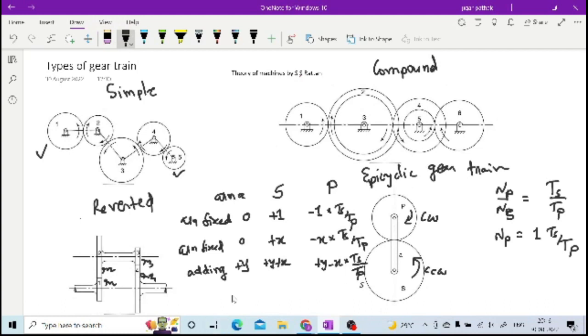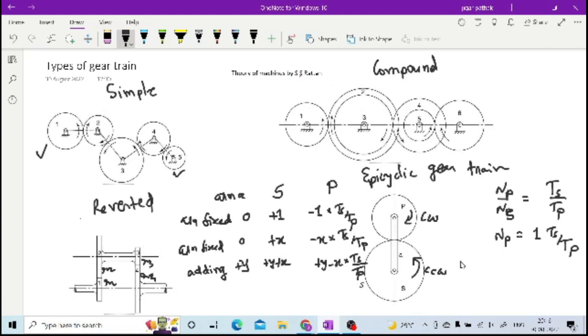So this is how you have the motion or rotation of the different components of your epicyclic gear train. This will help you in solving the problems on the epicyclic gear train. Once you have all this data, you can consider the number of revolutions these components have per minute, in whatever direction.